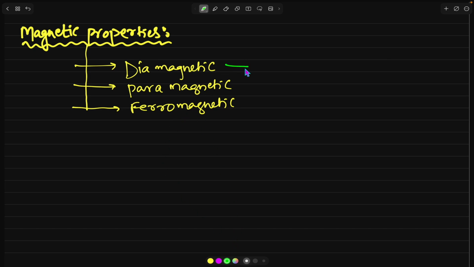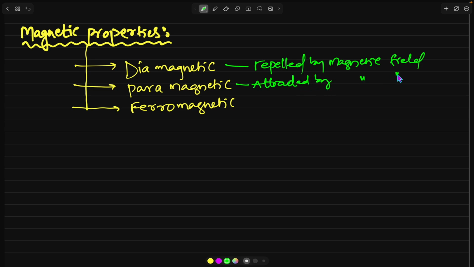Diamagnetic compounds are repelled by the magnet. Paramagnetic compounds are attracted by the magnetic field.